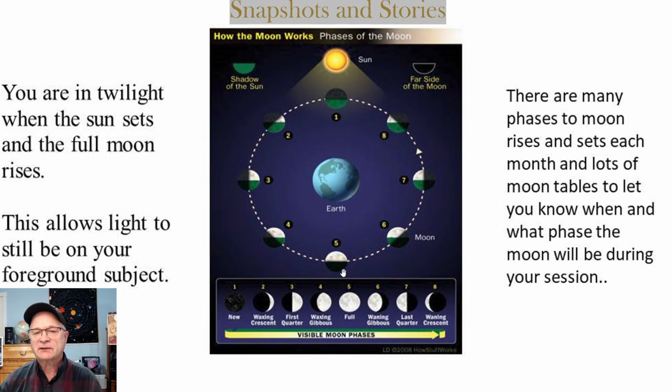There's different phases of the moon, and I'm not going to get into a scientific study on this. I just want to show you some of them. But when the moon goes into its full moon phase, which is phase number 5, it is always on the opposite side from where the sun is. So as that moon rises in the east and the sun sets in the west, this is why we have that blue hour.